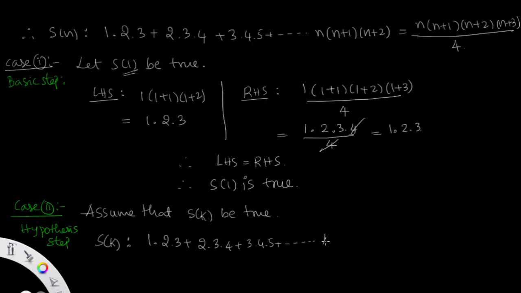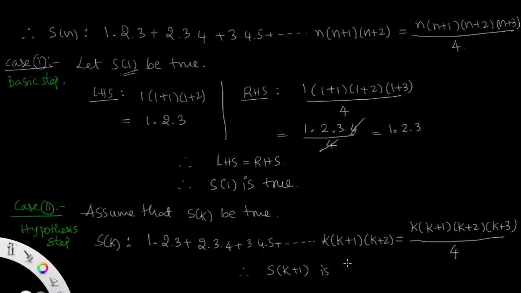In the place of n, you write k into k plus 1 into k plus 2, which is equal to k into k plus 1 into k plus 2 into k plus 3 divided by 4. In the place of n, you replace n by k. In the first step, put n equal to 1. In the second step, the hypothesis, in the place of n I have to write k. Therefore there is no change in the series. So it is S of k, not S of k plus 1. Only S of k.